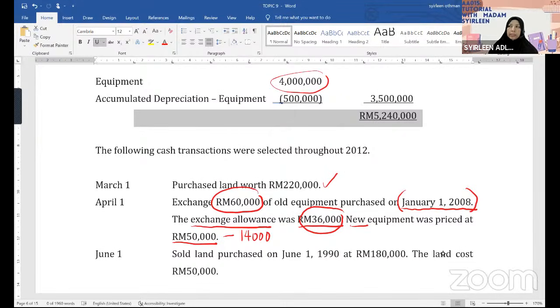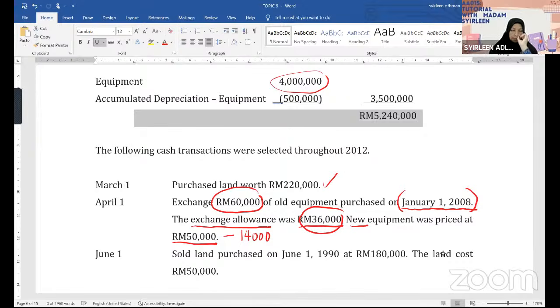That is actually the cash paid. How do I get 14,000? 50,000 ringgit, cost of new asset minus trade-in value. Trade-in value is 36,000. So saya dapat nilai 14,000. So that 14,000 is to be paid by you to acquire the new equipment.